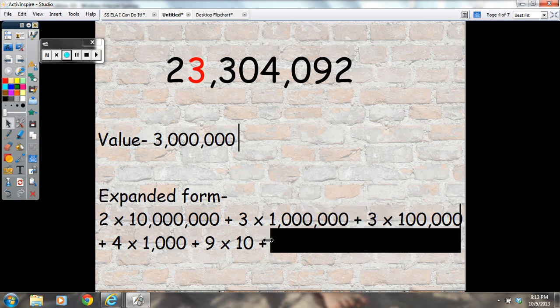And we finish off our expanded form by adding our 2 times the ones place that it's in. And that's how you read, that's how you write, and that's how you represent whole numbers.